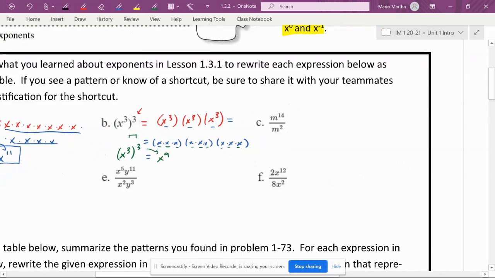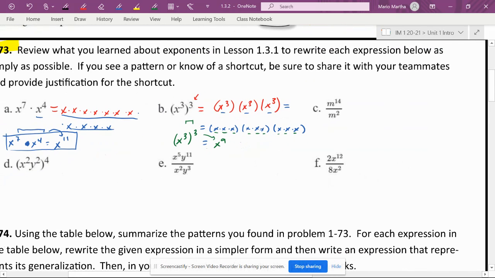In problem C, we have m to the 14th on top, divided by m squared, or m to the 2nd power. If you expand everything on top, you're going to get a total of 14 m's, right? So I know I have a total of 14 on top. And at the bottom, I'm only going to get 2. So there's only 2 that I have left over that I can divide out.